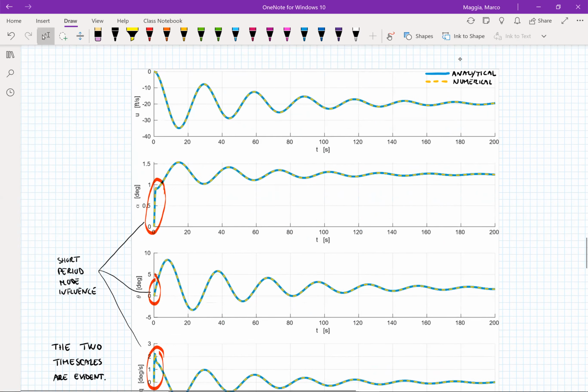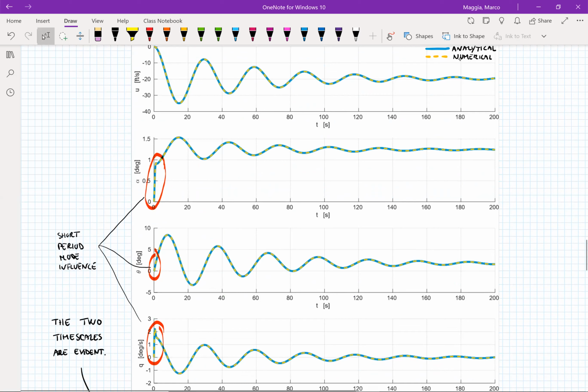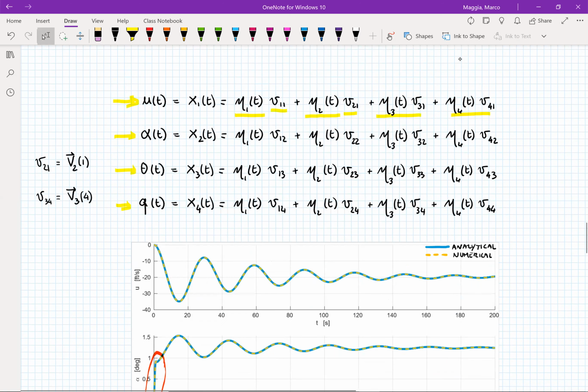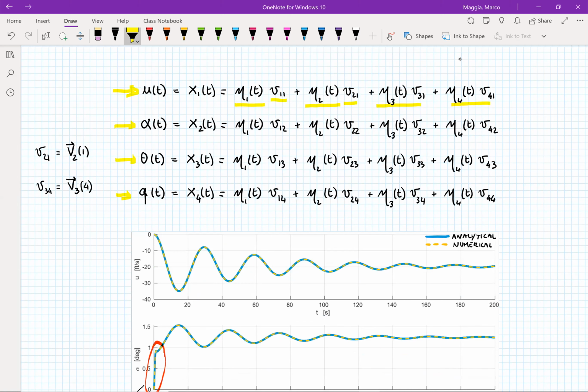Now, in this figure, I plotted the solutions, so the states, found analytically, and I've used the blue color for that, for the analytical solution. And then I've also solved the original system, x dot equals Ax plus Bu, numerically using MATLAB.